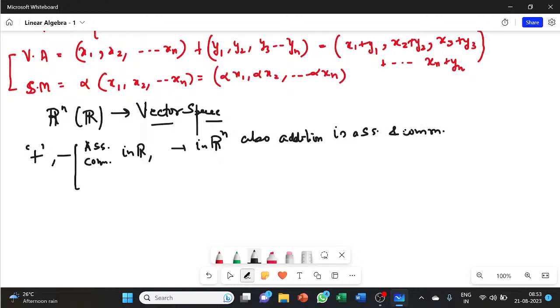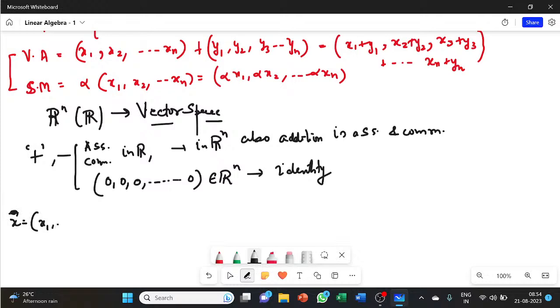Now regarding the remaining properties, the identity element in Rn would be this. What would be an inverse element? Let's say I have a vector x, which is given by x1 comma x2 dash dash dash xn.